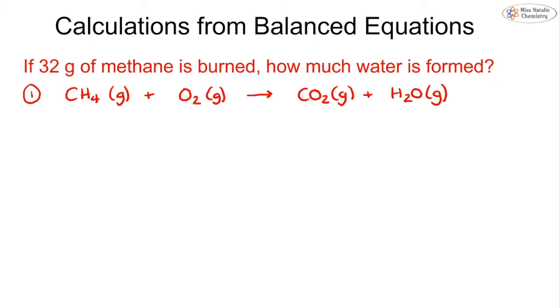So of course we're going to have to balance this. So we have 1 carbon on the left and 1 carbon on the right. We have 4 hydrogens on the left, so we need 2 more on the right. And that gives me then 4 oxygens. So then that should be a 2 in front of the oxygen.